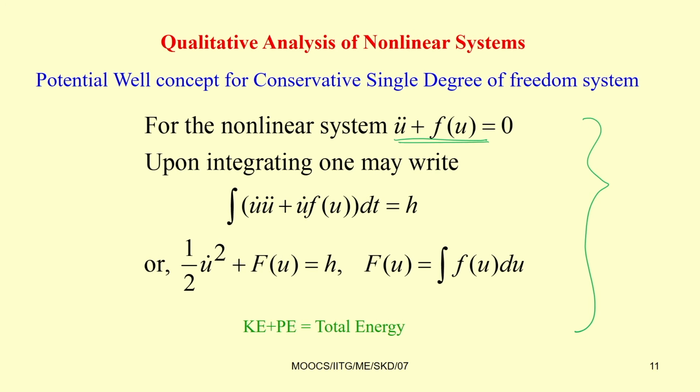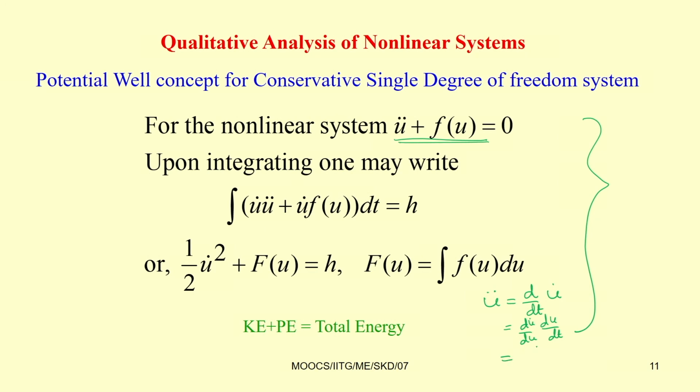This u double dot can be written as d by dt of u dot. But it can be written this way also: d by du of u dot into du by dt, or du dot by du into du by dt.